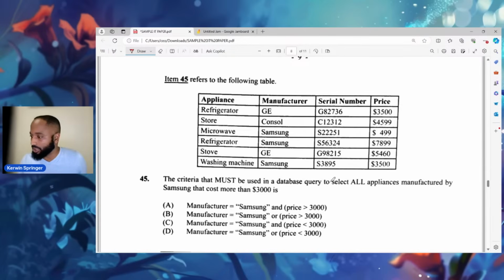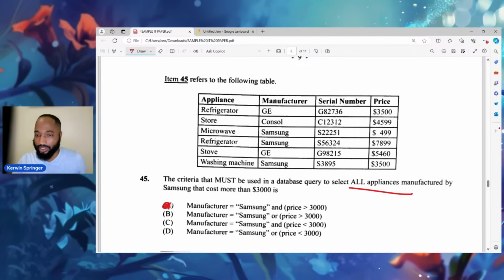that must be used in a database query to select all appliances manufactured by Samsung that cost more than 3,000. Manufacturer is Samsung to select all, and the price must be more than 3,000. And the price is more than.